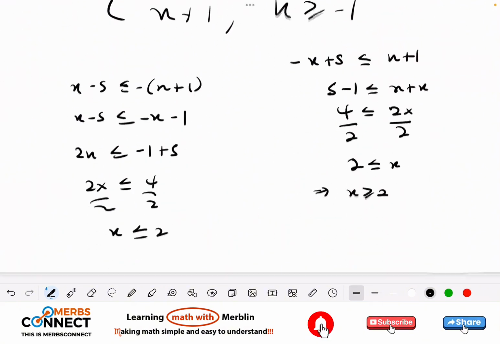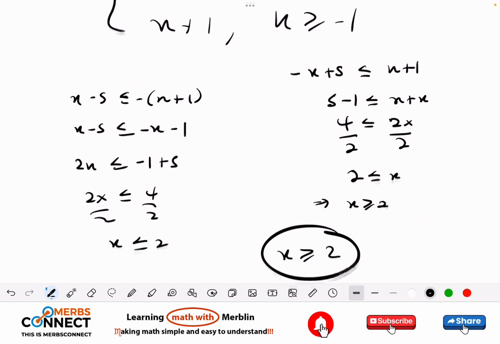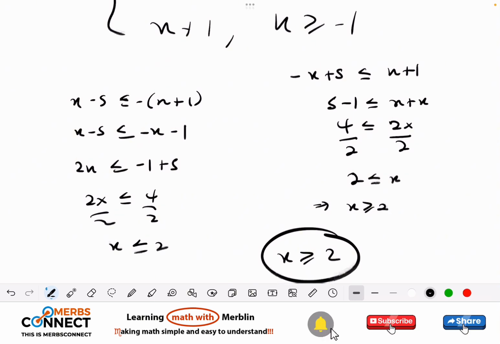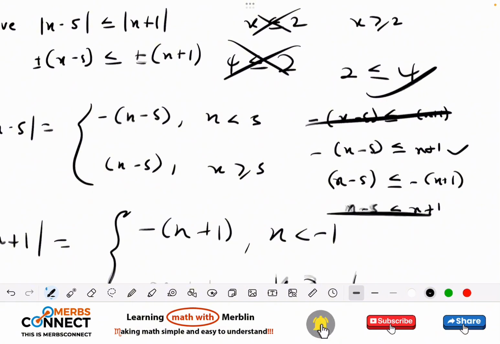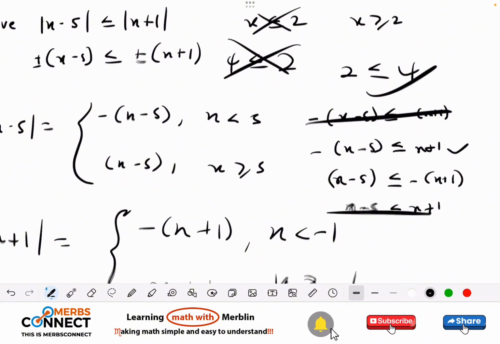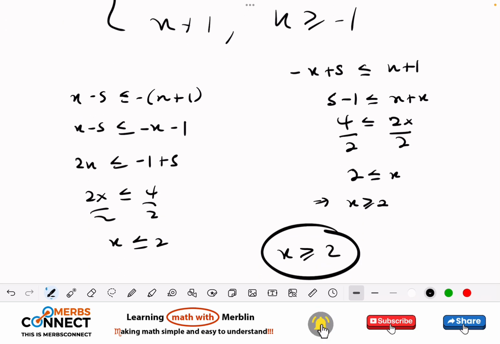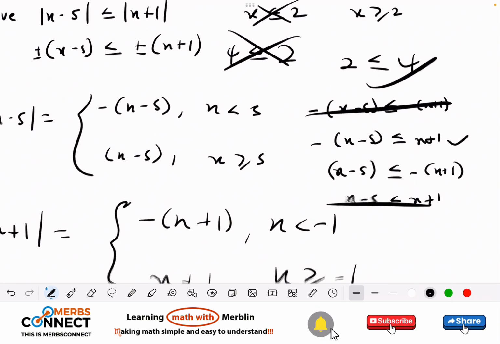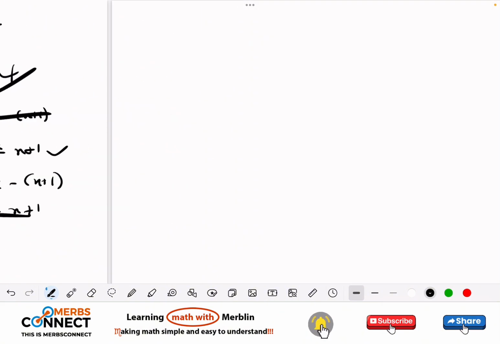So with this one, we are going to say that x is greater than or equal to 2 to be the result for this equation. Right. So with all this, because we have one absolute on the left and one absolute on the right, if I don't want to go through all this, just compare this, compare that, then what I can do is, let me just write it here again.